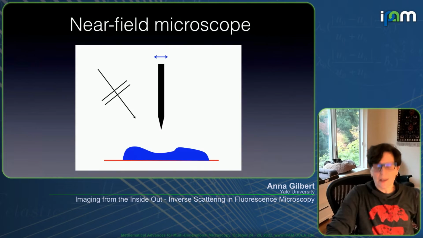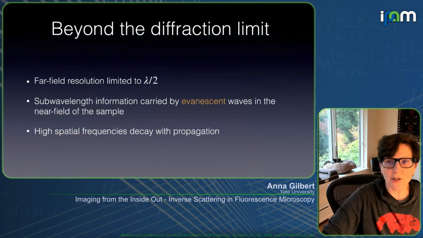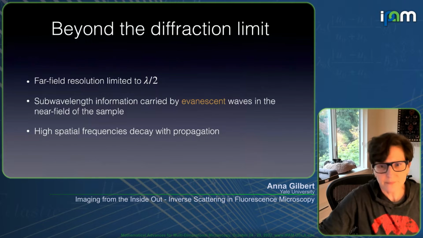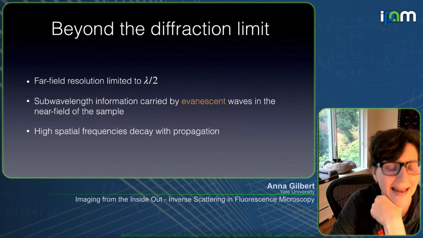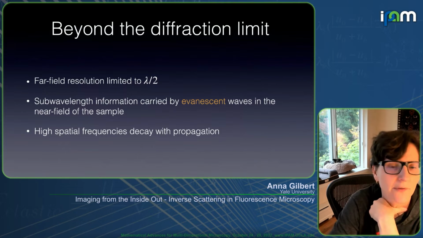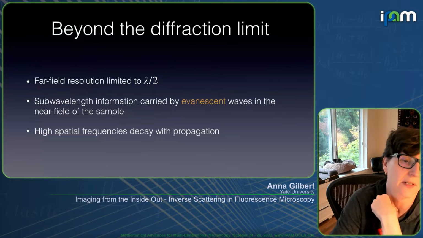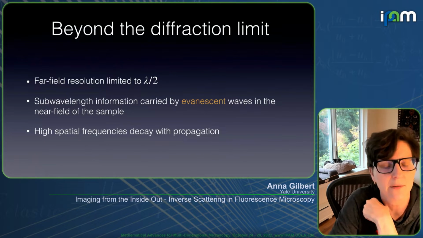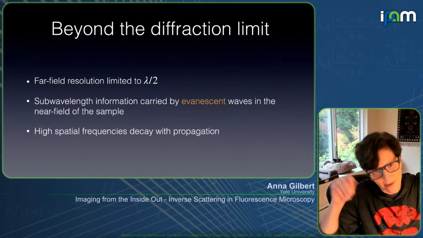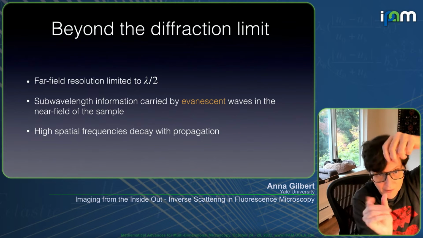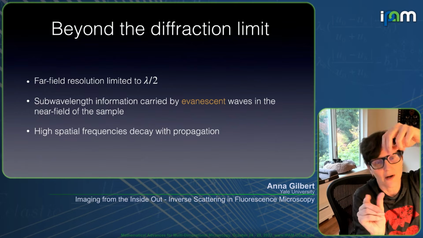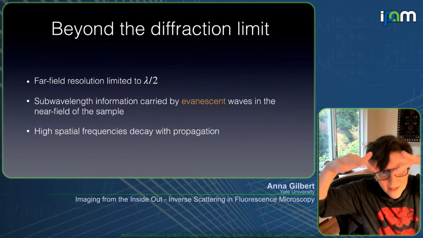Okay, so these microscopes are okay. The far field resolution of these microscopes is the wavelength of the light divided by 2, and the sub-wavelength information, the really small scale features, are carried by the evanescent waves.